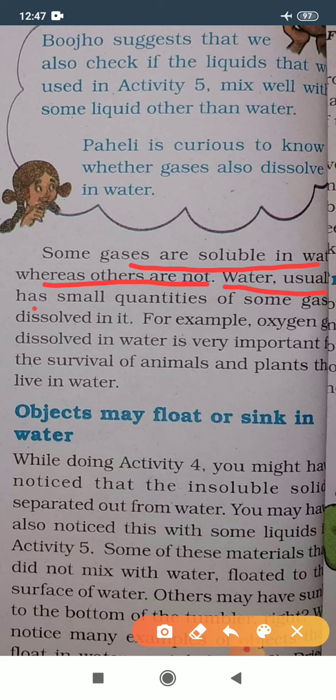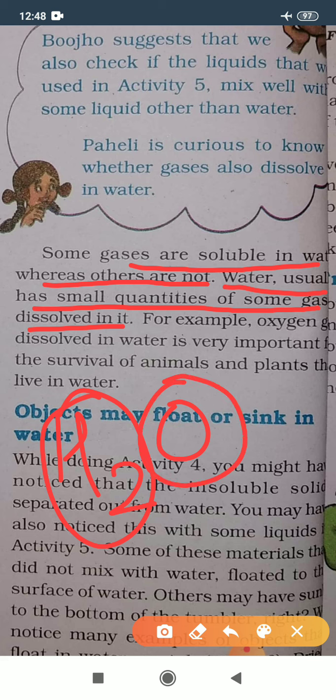Water usually has small quantities of some gases dissolved in it. Everyone knows that the chemical formula of water is H2O, that means hydrogen and oxygen. So in water there are some gases like oxygen and hydrogen for survival of the aquatic animals.